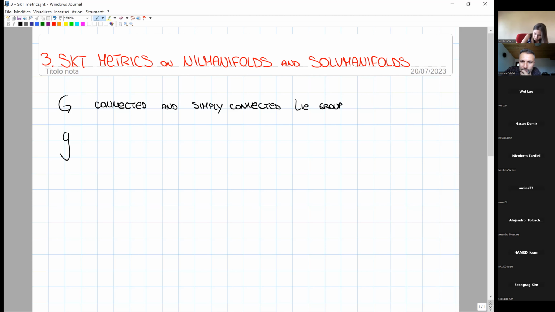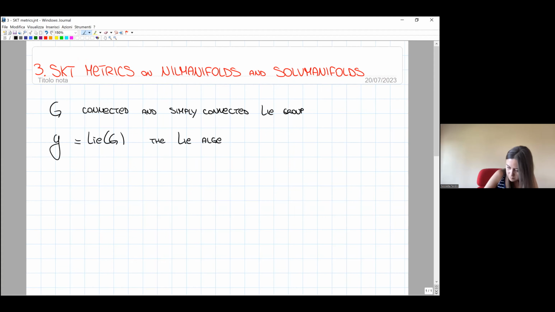And we will denote with this other G, its Lie algebra, Lie of G. So this is the Lie algebra of G that can be seen as the set of left invariant vector fields on the Lie group, or as the tangent space of G at the identity.